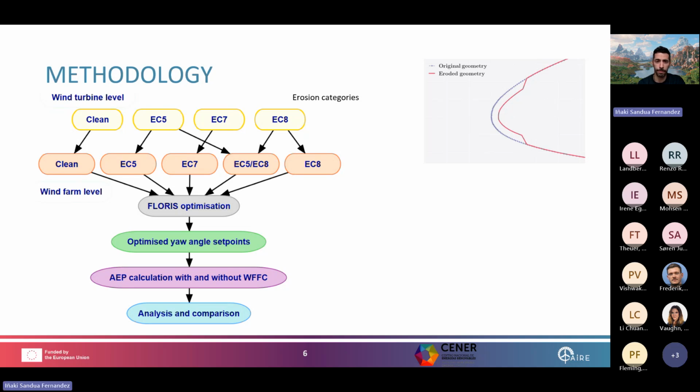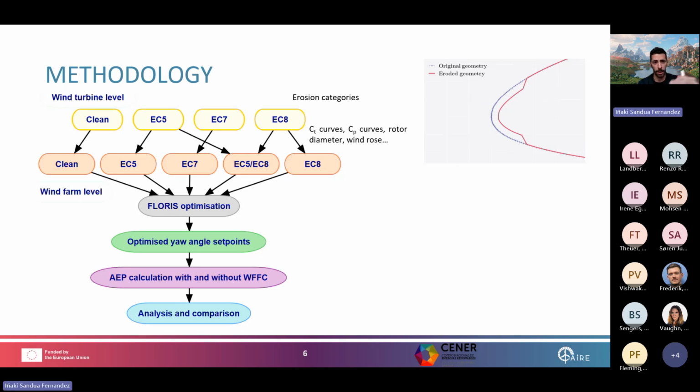These erosion categories have the C form seen in the upper right image, but in the next slide we will get more into detail on these categories. So with these 3 erosion categories, we built 3 wind turbine aeroelastic models using the OpenFAST tool. And we have also built another wind turbine with no erosion that, from now on, we will call clean.